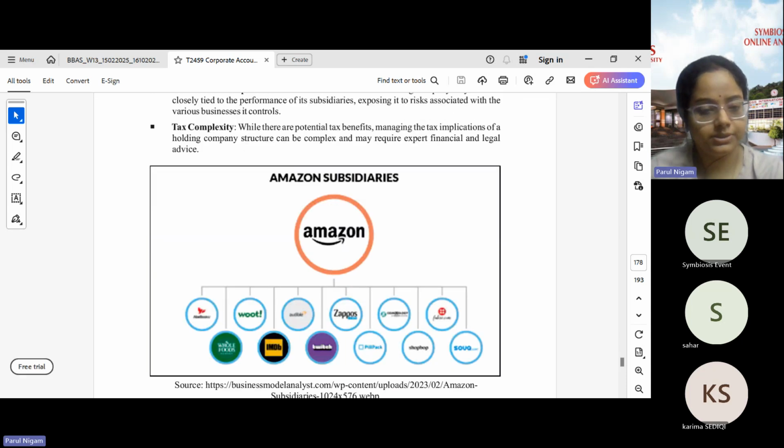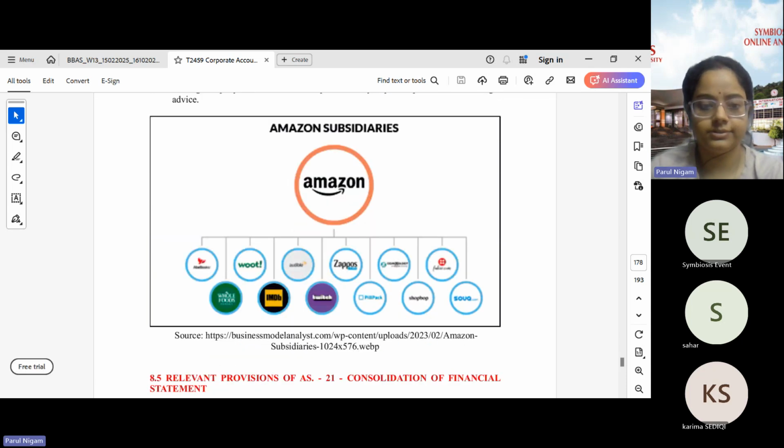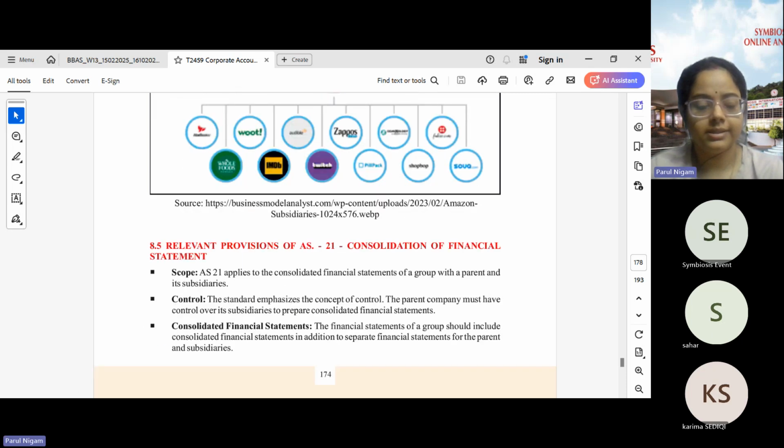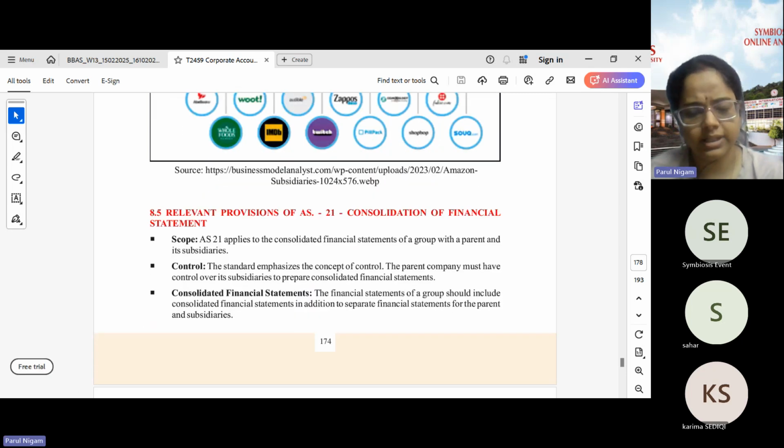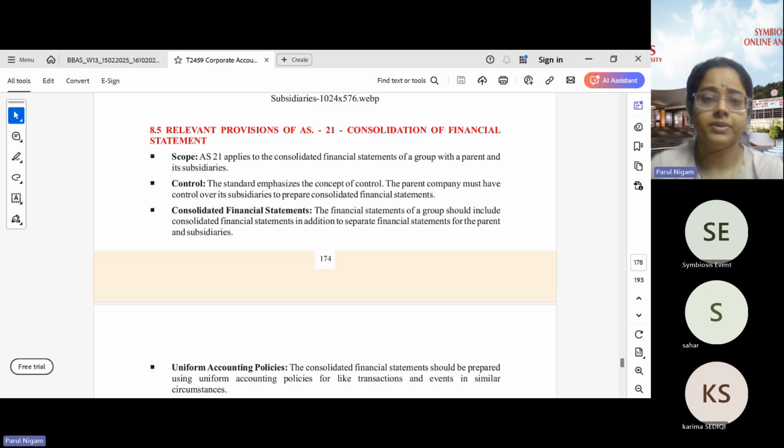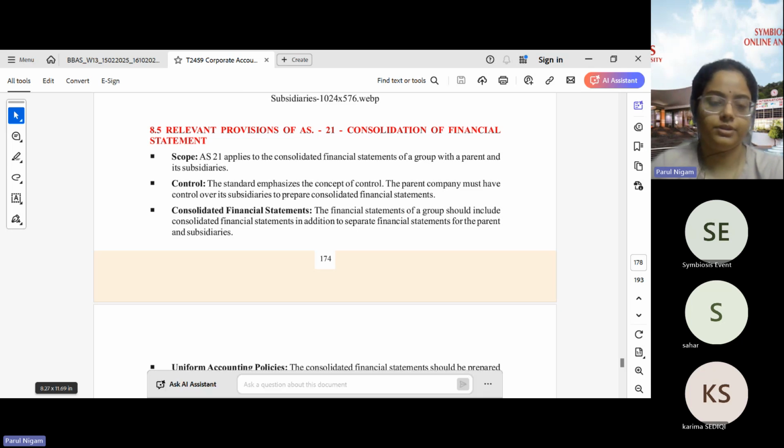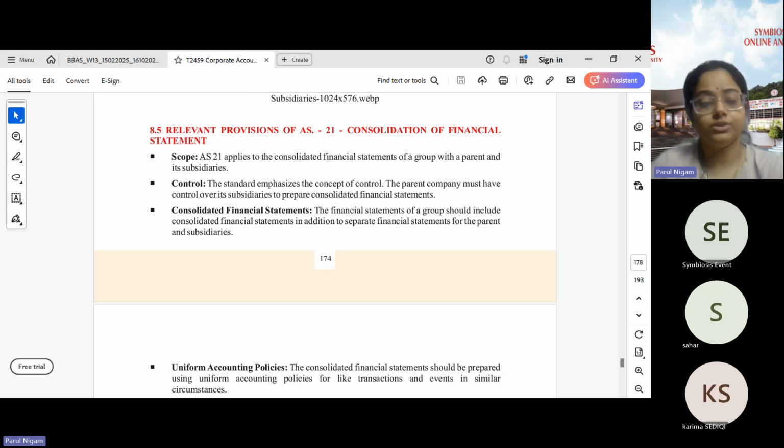Then Amazon subsidiaries. So you can see this is the case with Amazon. It has so many subsidiaries. Okay. Then there are certain relevant provisions of AS 21 which are followed. AS 21 is Accounting Standard 21, which relates to consolidation of financial statements. That is used for monitoring of this particular concept. So AS 21 applies to the consolidated financial statements of a group with the parent and its subsidiaries.